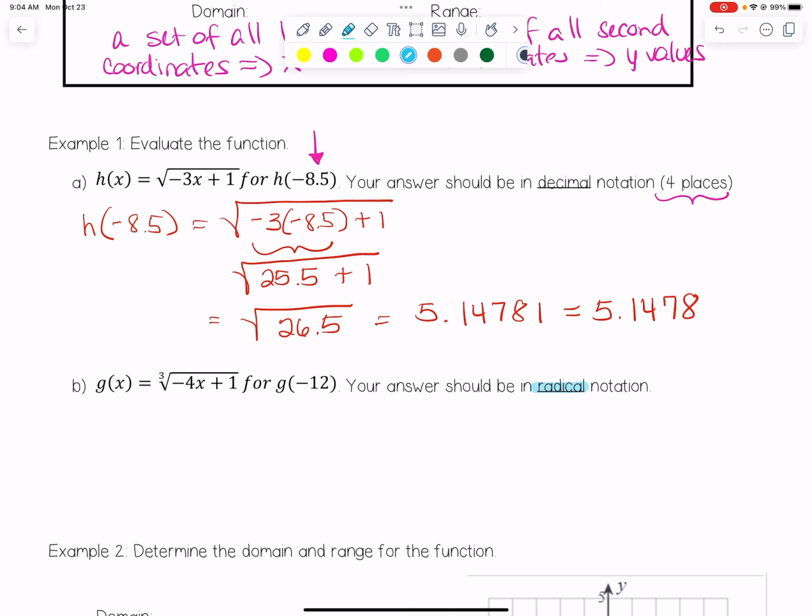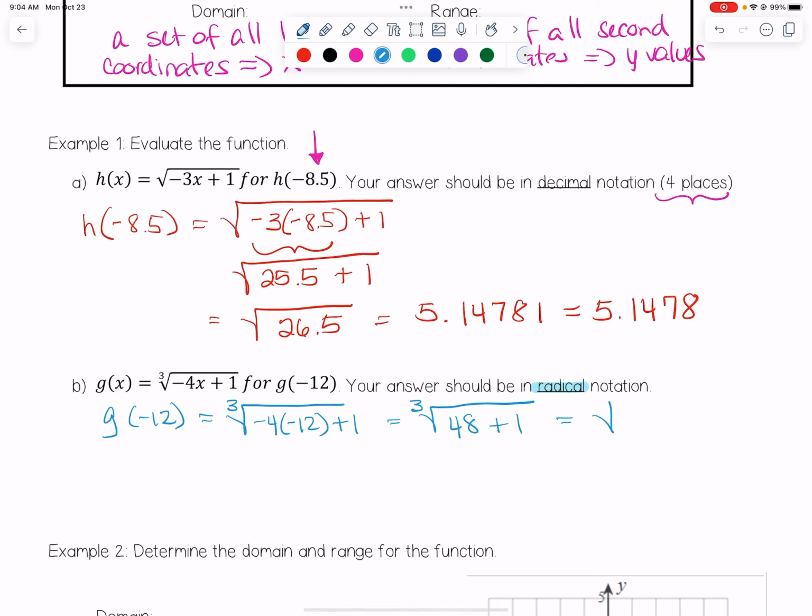So looking at g of negative 12, I will get the cube root of negative 4 times negative 12 plus 1, which is the cube root of 48 plus 1, which is the cube root of 49.